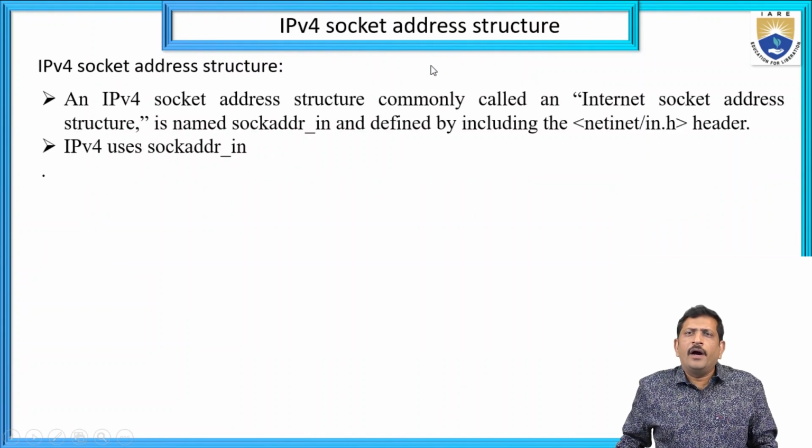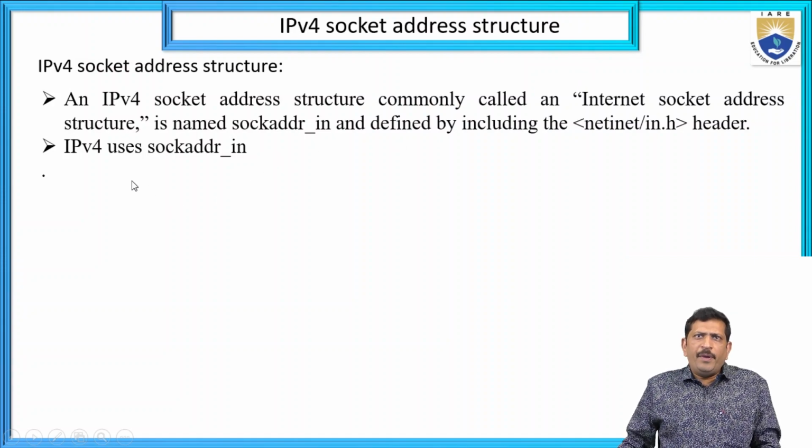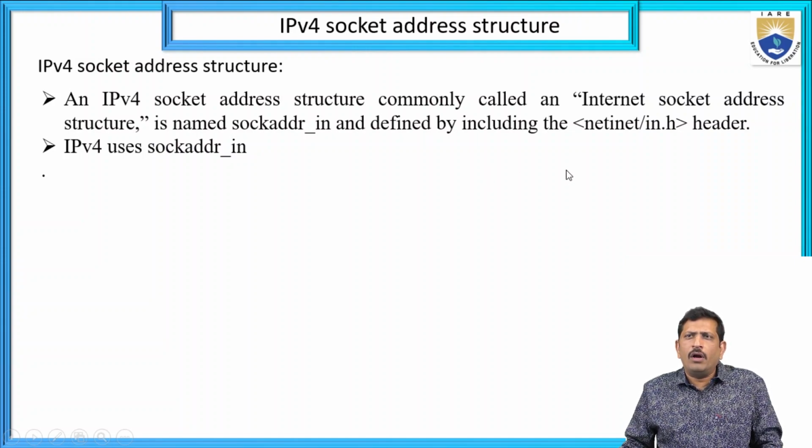Next, IPv4 socket address structure. An IPv4 socket address structure, commonly called an internet socket address structure, is named sockaddr_in and defined by including the netinet/in.h header file.